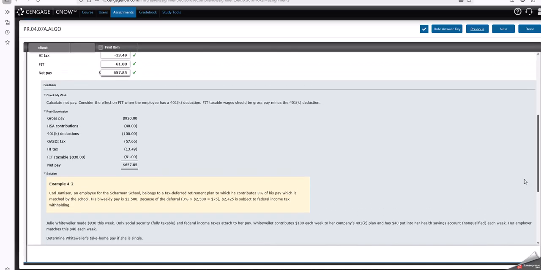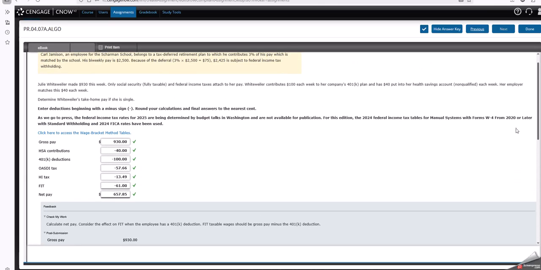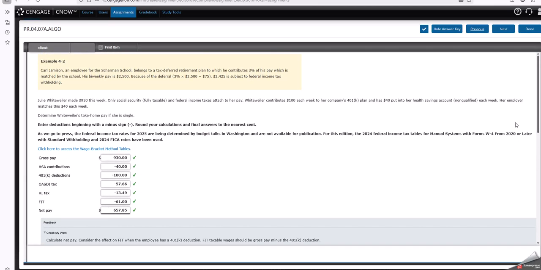So I'm thinking the non-qualified means that she still has to pay tax on that. Like maybe it's not part of a cafeteria plan. Let's assume that that is the case. It's still going to come out of her pay, but because they tell us it's non-qualified, I don't think we reduce her gross pay by that $40. But we will reduce her gross pay by the $100. So that's what I'm going to start with. If I'm wrong, we'll circle back.